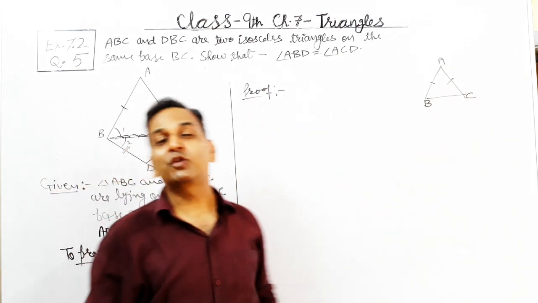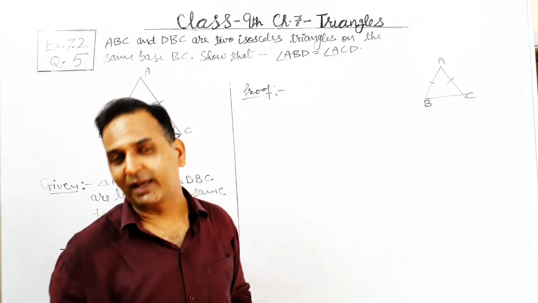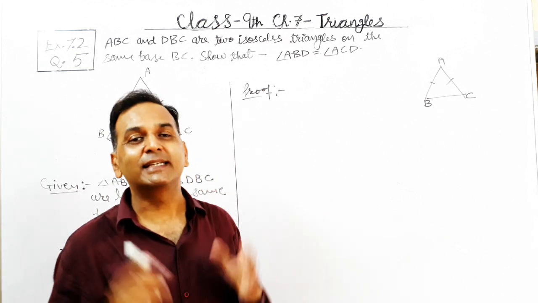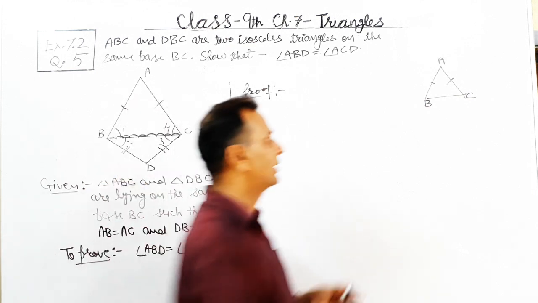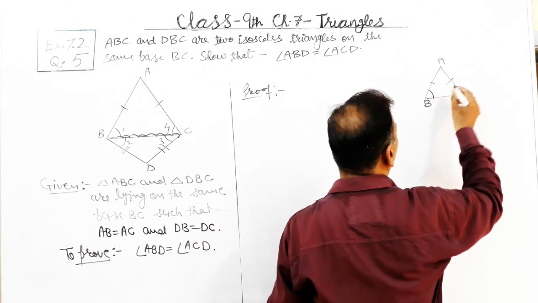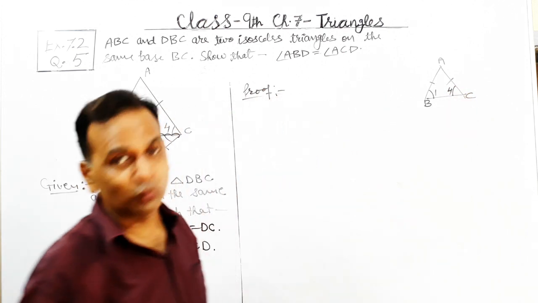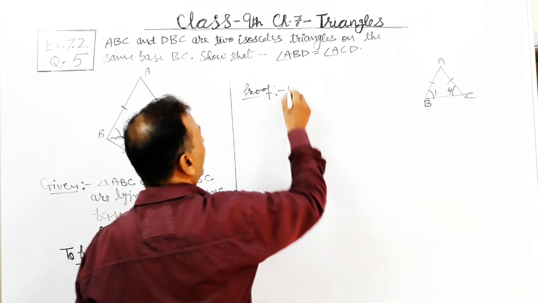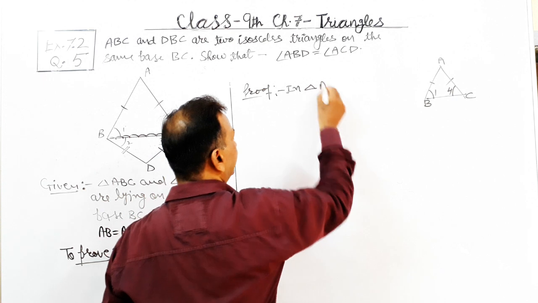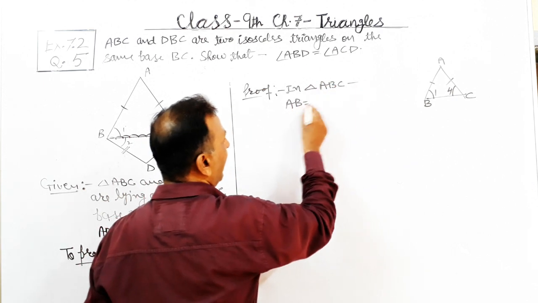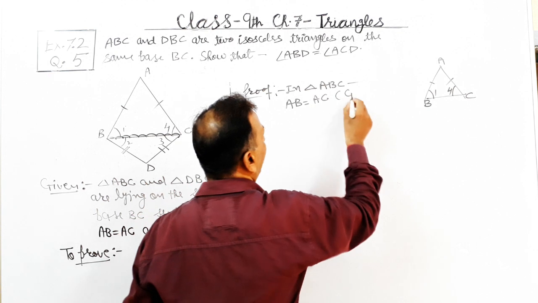And according to theorem 7.2, we know very well that whenever in any triangle two sides are equal, then their opposite angles are also equal. So the angles opposite to these two sides, angle 1 and angle 4, will be equal to each other. So in triangle ABC, the side AB and the side AC are equal.